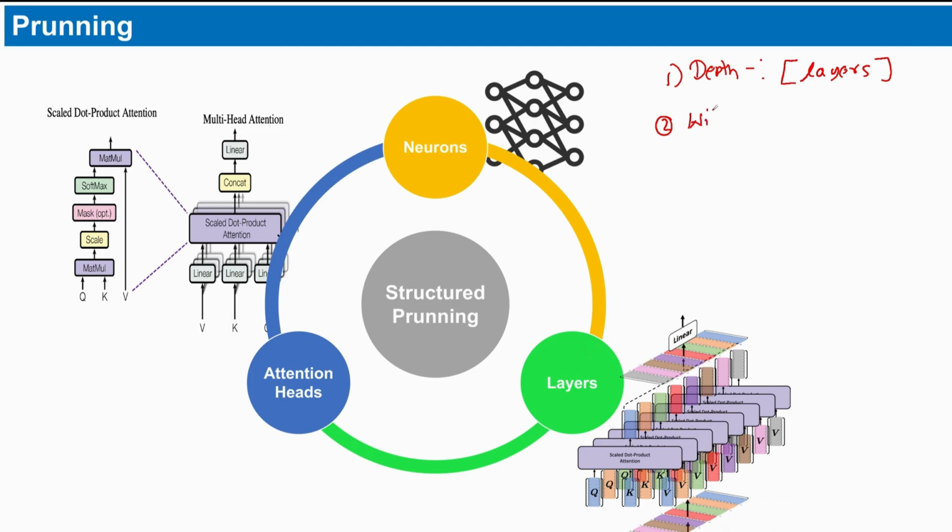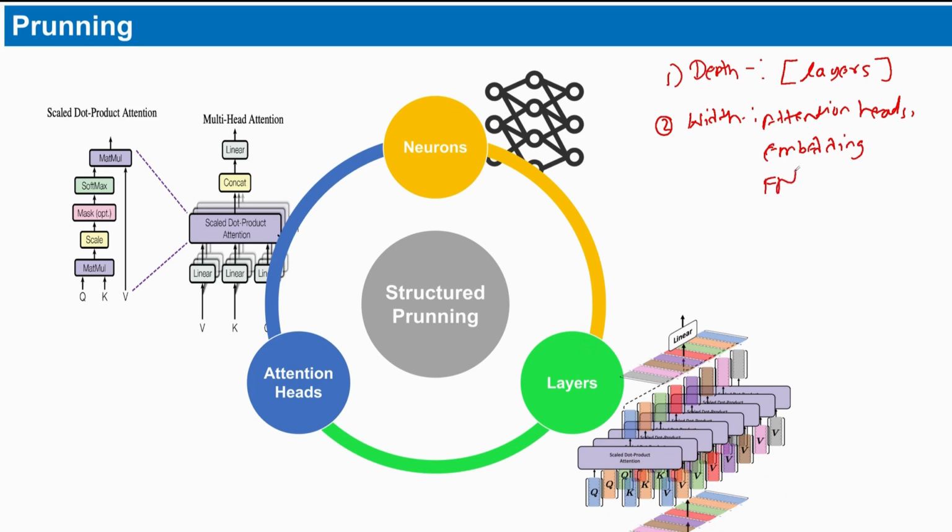Inside width pruning, they prune the internal components, for example the attention heads, the embedding channels, or the feed forward network neurons.